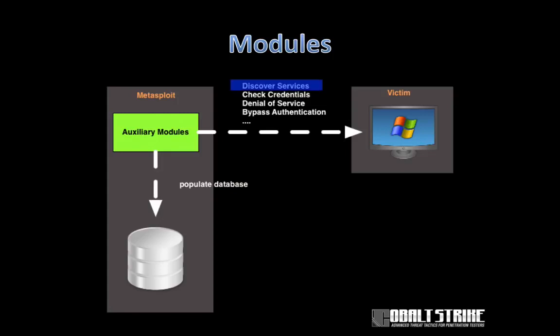When a module fingerprints a service, it will update the database with information about that service. This database is shared by Cobalt Strike and the Metasploit framework. Auxiliary modules can also log into a service and verify whether or not credentials work. When an auxiliary module successfully logs into a service, it will update the Metasploit framework database with those working credentials.